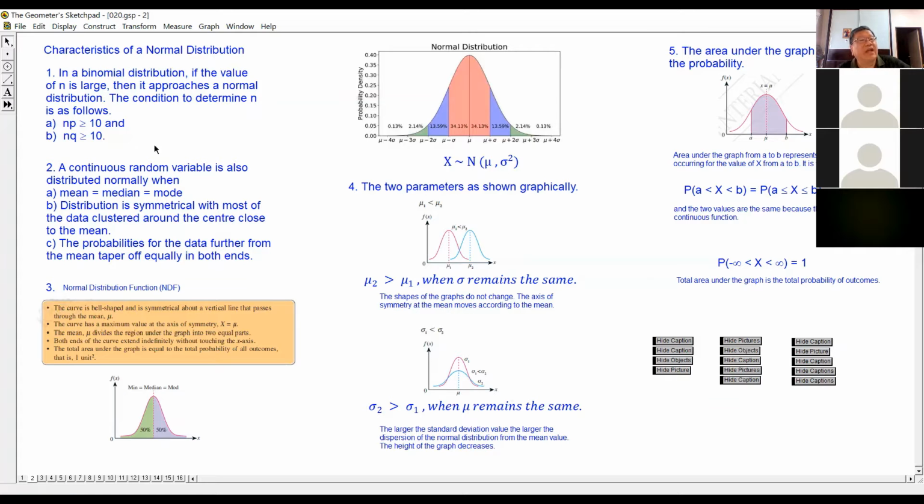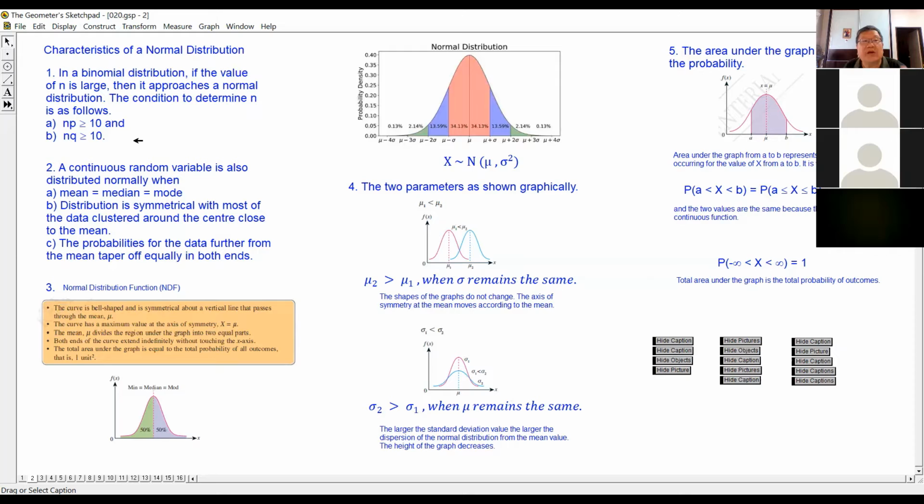The condition is like this. If n times p multiplied together is bigger than 10, then you can translate this binomial distribution to a normal distribution. And this is not the only condition. The other condition is that n times q must also be bigger than 10. You need both together.